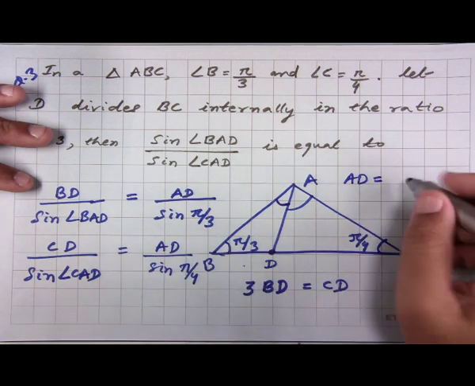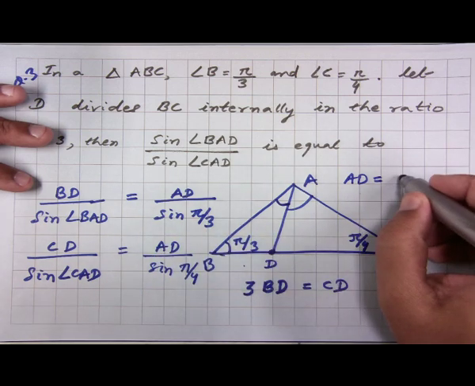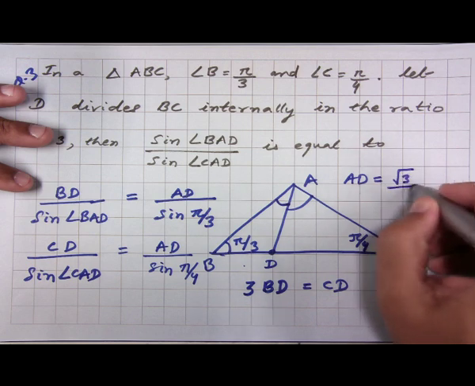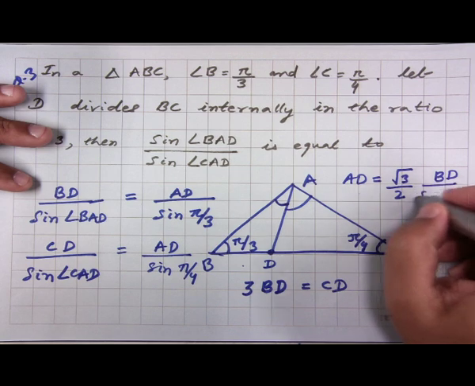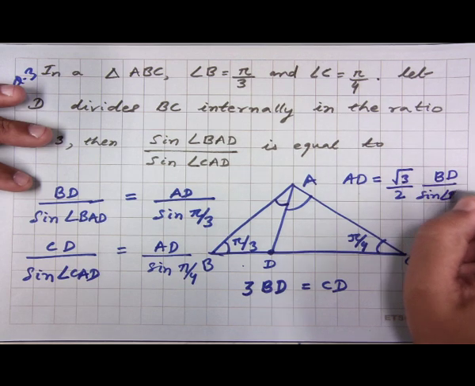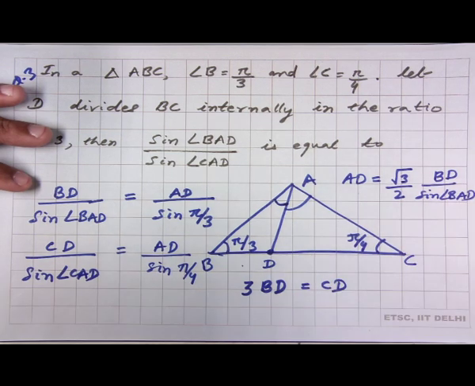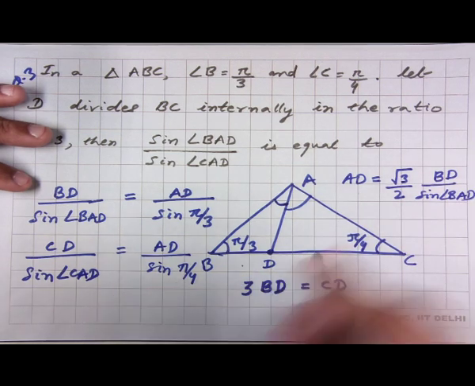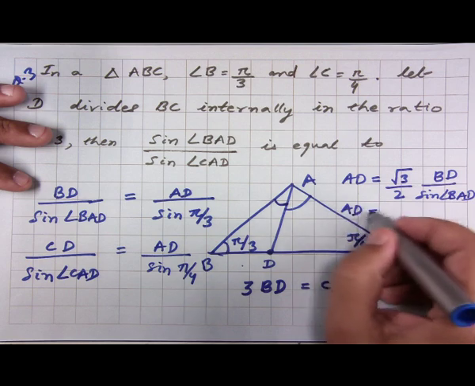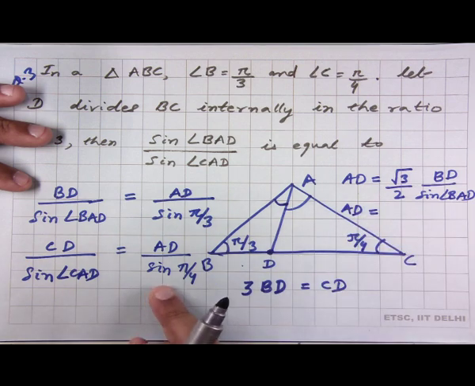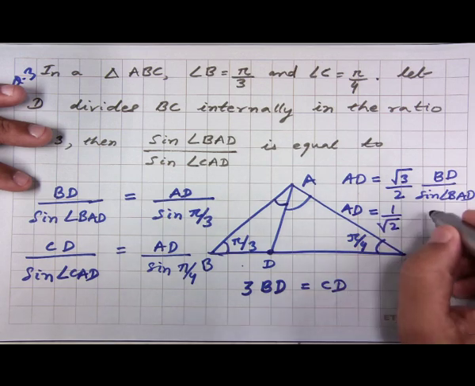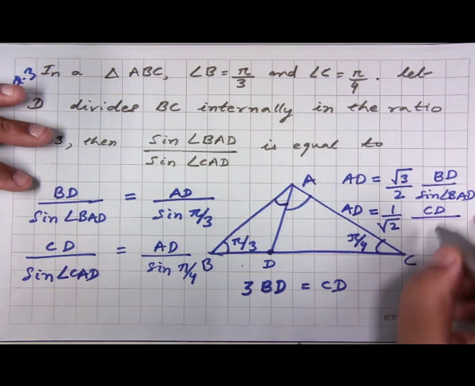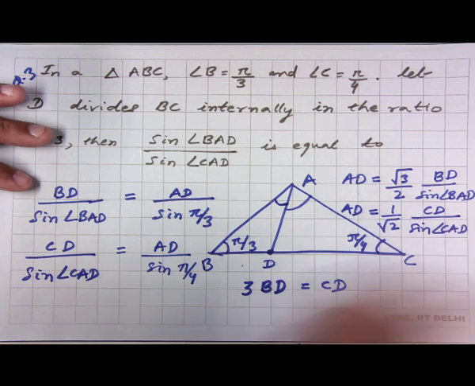So, therefore, AD is equal to square root of 3 over 2 times BD divided by sine of the angle BAD, and from this equation we get that AD is equal to, sine pi by 4 is 1 over square root of 2, so 1 over square root of 2 into CD over sine of angle CAD, which follows from here.